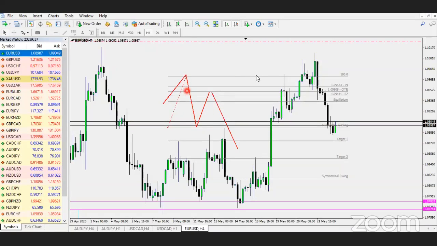Okay, so the purpose of the OTE, the 79 and the 62, is to give you a discount price of where price can go to, so that you can get it at a discount. You can think of it this way: a bank doesn't want to buy or sell at current market price. They want price to go to a certain point so they can sell it off or buy it up.